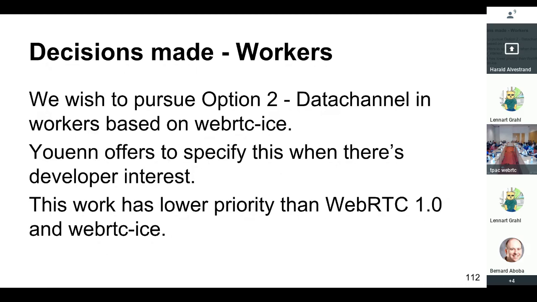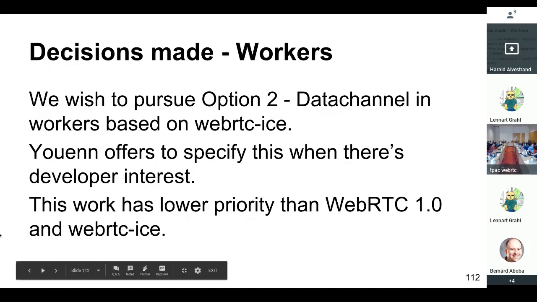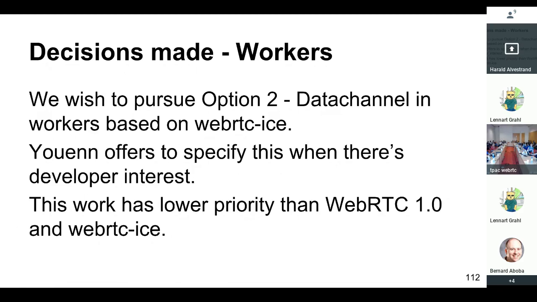I just think if you changed workers on the second line there into service workers, then that would be slightly better. Yep. And we'll just remember from our learning that this also means that other workers are covered. And this work has lower priority than WebRTC 1.0 and WebRTC ICE, since it depends on WebRTC ICE.